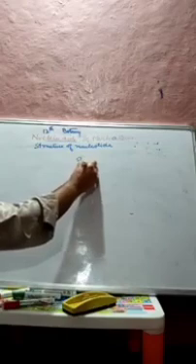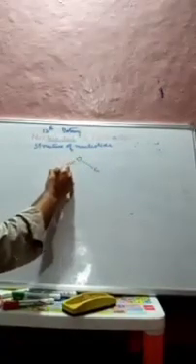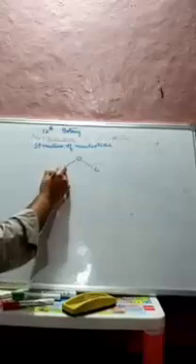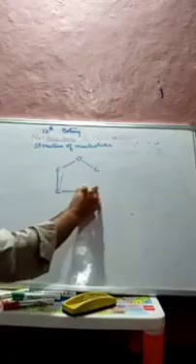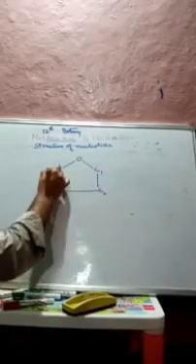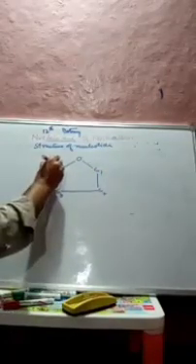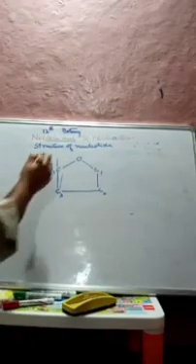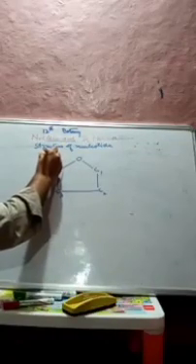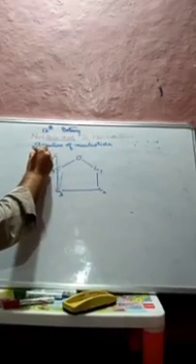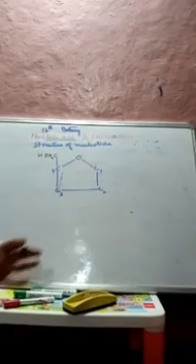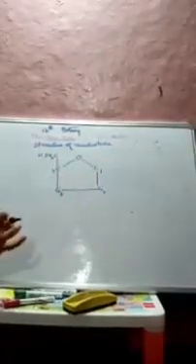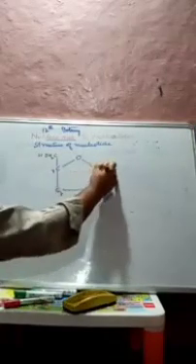Pentose sugar, numbering 1, 2, 3, 4, and this is CH2OH. Now, this nitrogen base is attached with the first carbon.